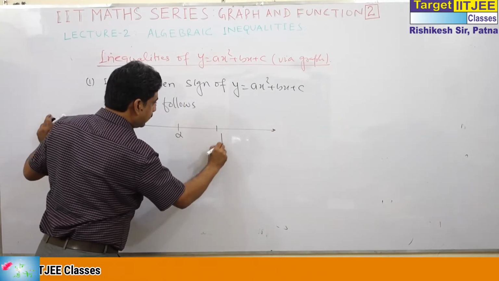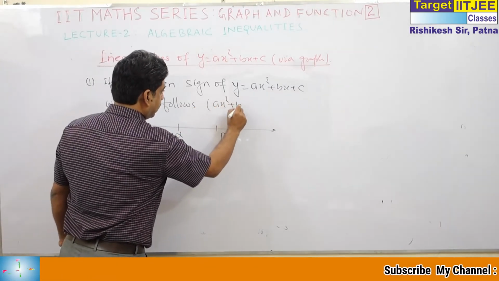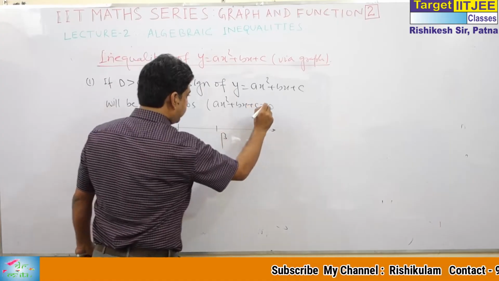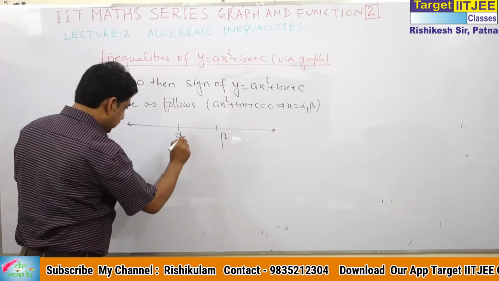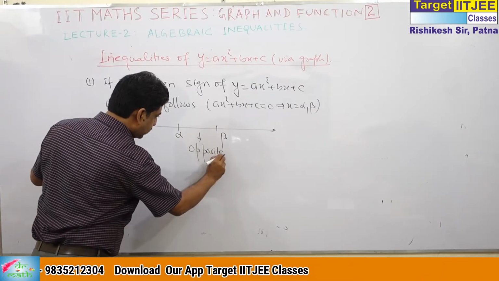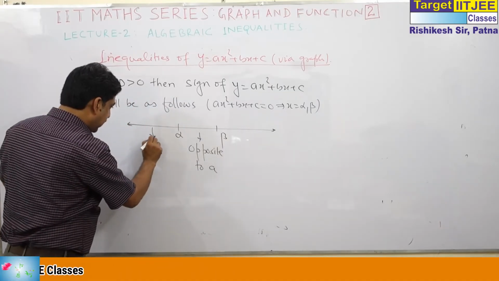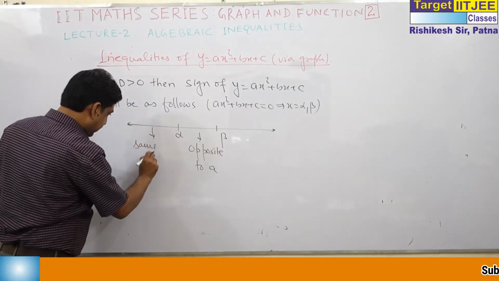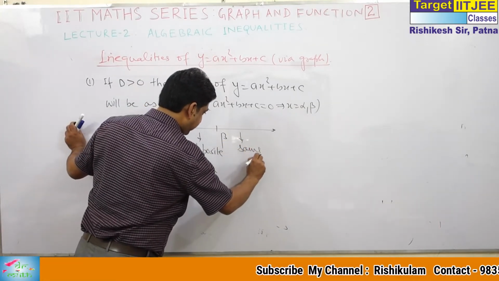Suppose roots are alpha, beta, which we get when we solve it. Between the roots the sign is opposite to a, and outside the roots the sign is same as a.